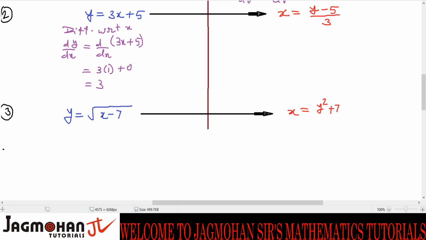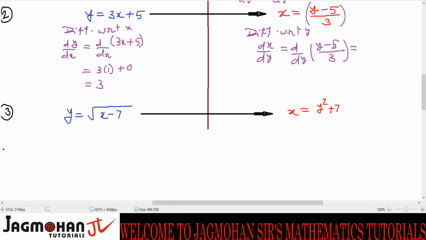Let's check here. Here what I will do, students, I will differentiate with respect to y, because x equals to f inverse of y. It is the inverse function of the previous function. So here I will write differentiating with respect to y. I will get d by dy of x equals to d by dy of y minus 5 over 3. What will be the next step? In this, I notice 1 upon 3 is constant.